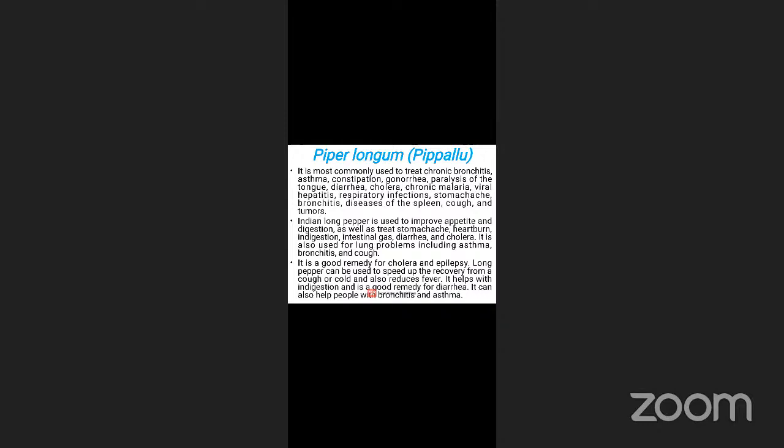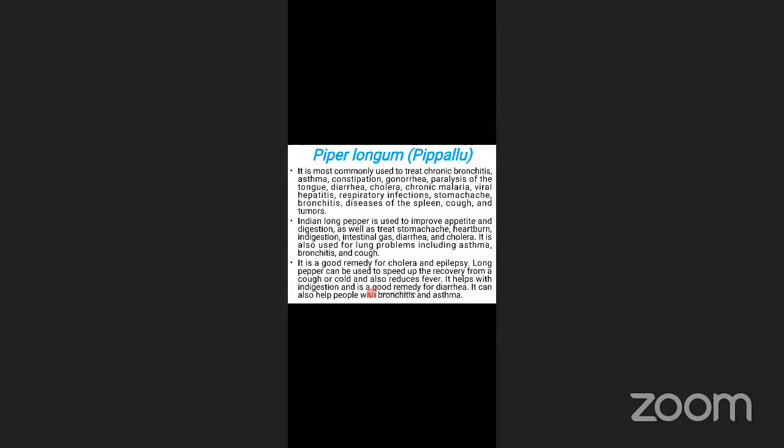Indian long pepper is used to improve appetite and digestion, as well as treat stomachache, heartburn, indigestion, intestinal gas, diarrhea, and cholera. It is also used for lung problems, including asthma, bronchitis, and cough.